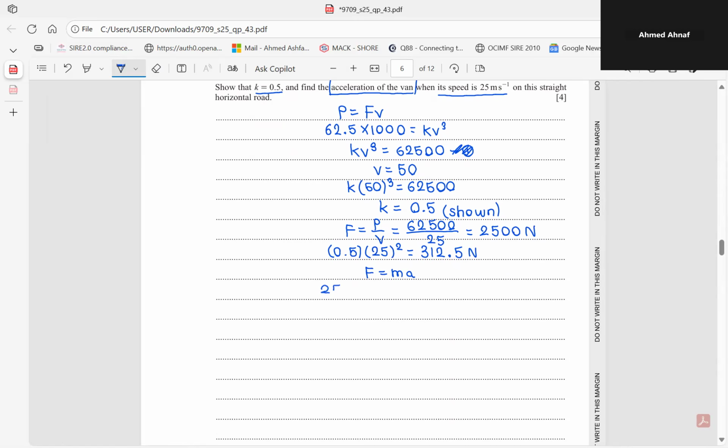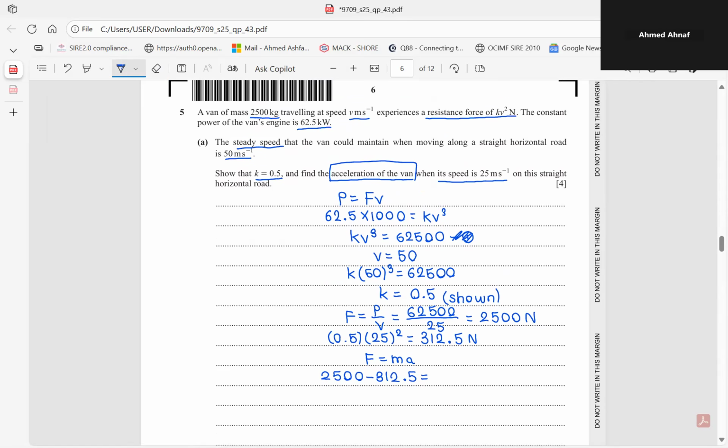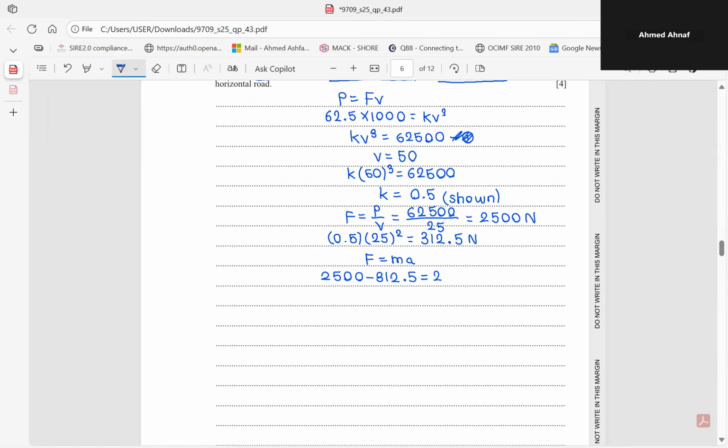So F is the resultant force. So 2,500 minus 312.5 is equal to 2,500 A. So this gives us 2187.5 equals 2,500 A. Hence, A is equal to 7/8 meters per second squared.